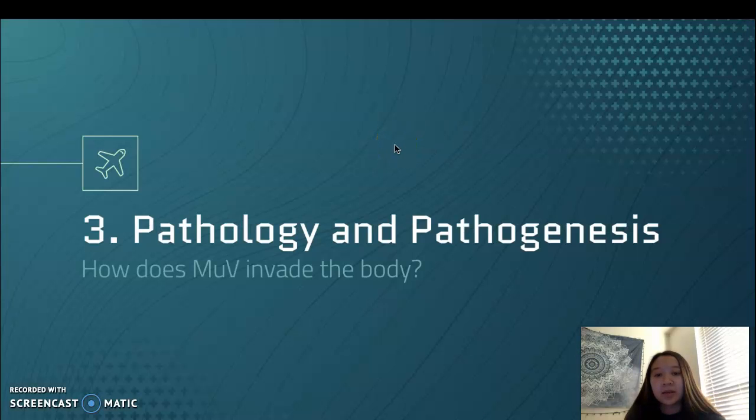So what is the pathology and pathogenesis of the mumps virus? How does it invade the body? Actually, right now, knowledge of the pathogenesis of mumps is limited because most of its studies are done on animals. I believe rodents, the guinea pig, is the main model for pathogenesis.